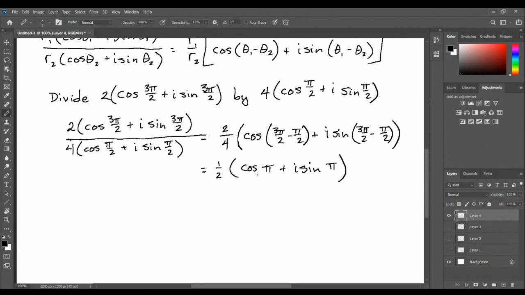Cosine of pi is -1. Sine of pi is 0. So I'm left with 1/2 times -1 plus 0i, which is -1/2.